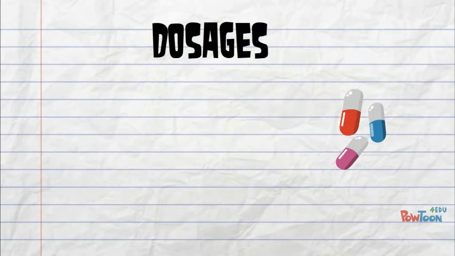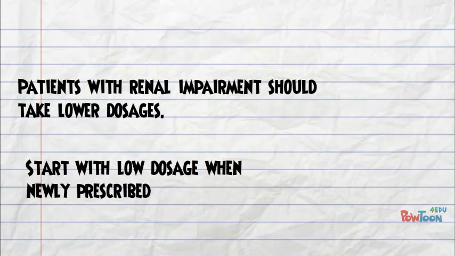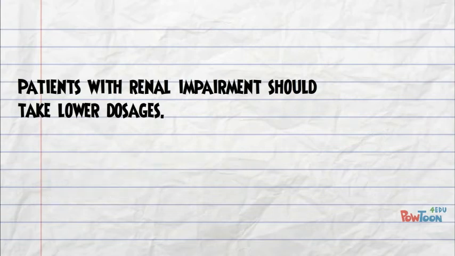Factors that shape dose adjustments include patients with renal impairment who should have reduced dosages, and initial dosages for ACE inhibitors should always be low to minimize hypotensive effects.